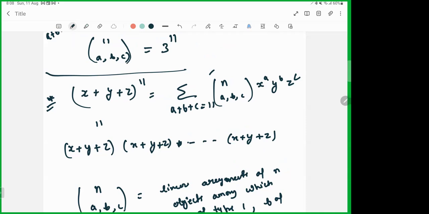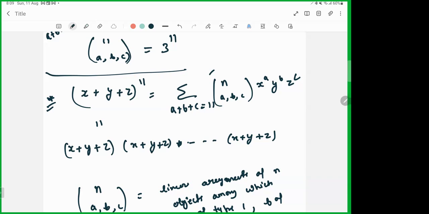Sir, I'm getting it. In n choose a comma b comma c, we are saying that a plus b plus c is 11. Here also a plus b plus c is 11, right? Because we are multiplying 11 terms, 1, 2, up to 11 expressions. So x, y, z, any slot you have to choose from one bracket, exactly one slot.